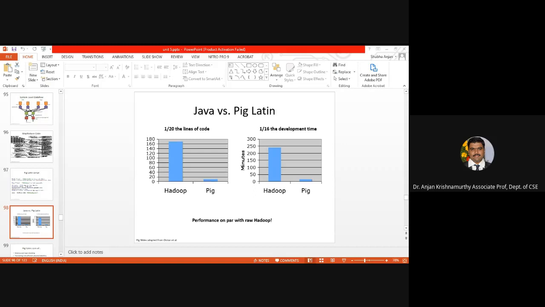So this is how you change the way in which the coding happens, right? If you see the 1/12, 1/20th of lines of code is reduced to just 6 or 7 lines of code. Similarly, when you talk about the development time required, you have a very small development time when compared with other styles of programming, right? So this is very important in coding.